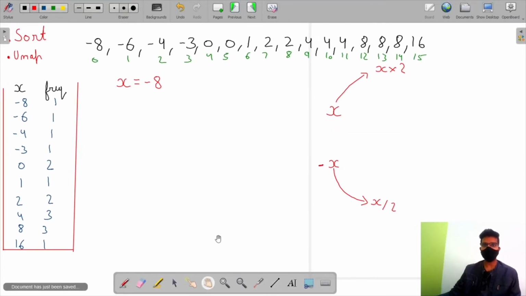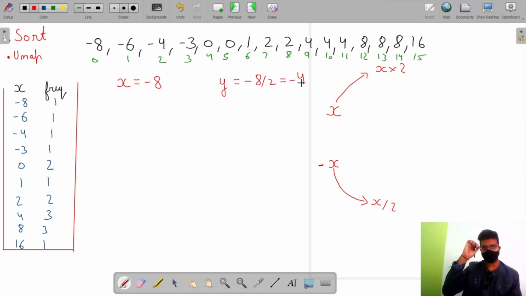Okay, so what does it mention? It mentions that if it's a positive value, we check whether our double value, into 2, exists, and if it's a negative value, we check if our half, divided by 2, exists. So if x is -8, what will be our y? Let's say y is the value that we want, that's our double, right? y will be -8 divided by 2, that is going to give us -4.